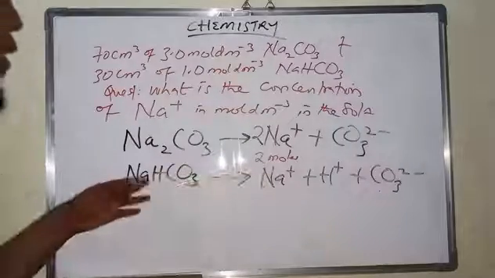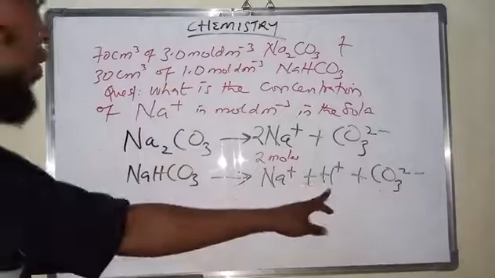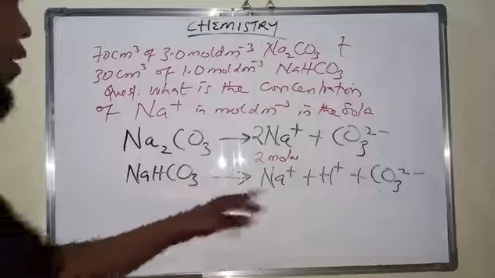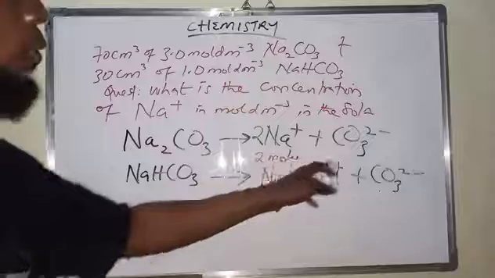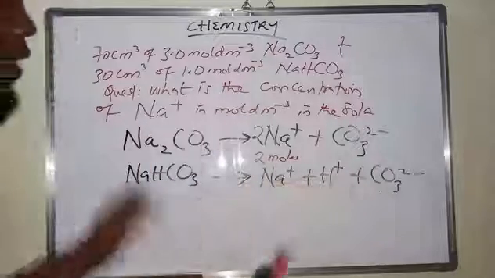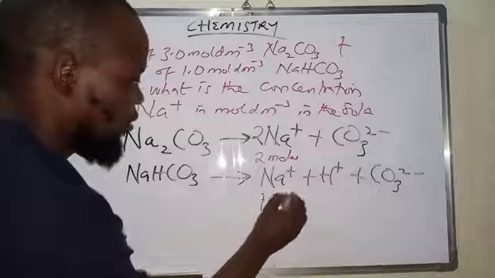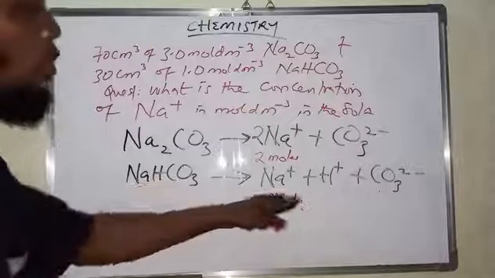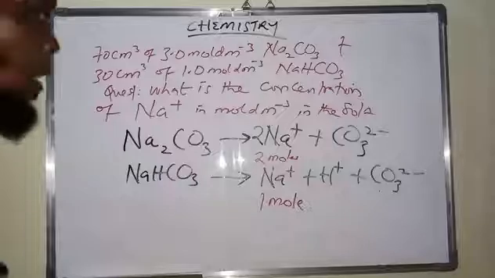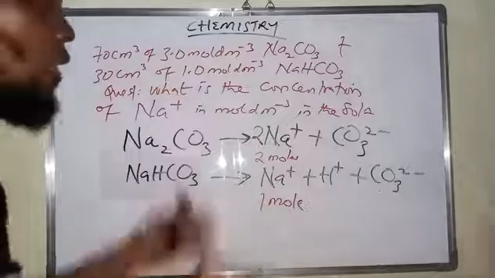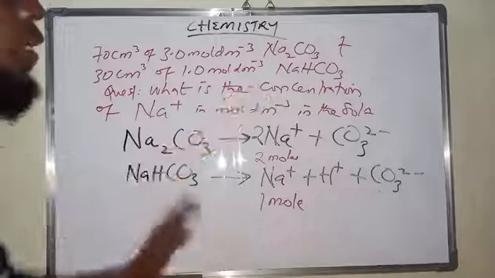The equation is balanced: 1 sodium, 1 sodium, 1 hydrogen, 1 hydrogen, 3 oxygen, 3 oxygen. As for the charges, 2 minus 2 is 0, so charges are also balanced. Now we can see that this one gives 1 mole of sodium ion. So in total, 3 moles of sodium ion is given in the solution.